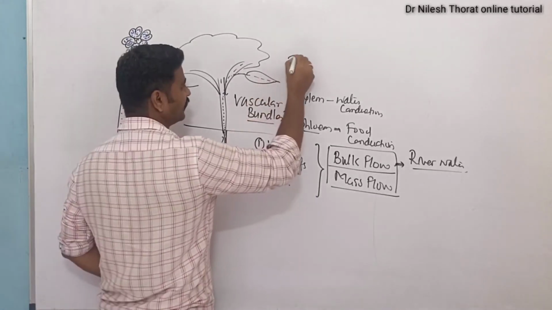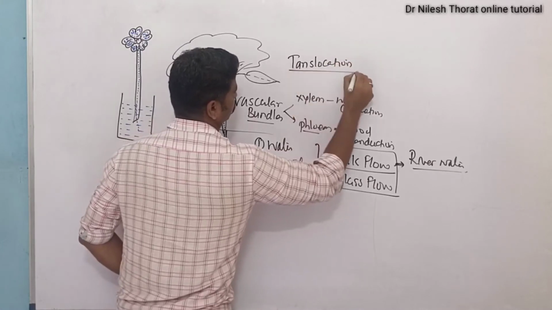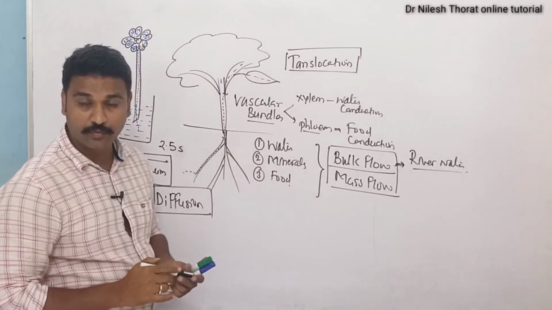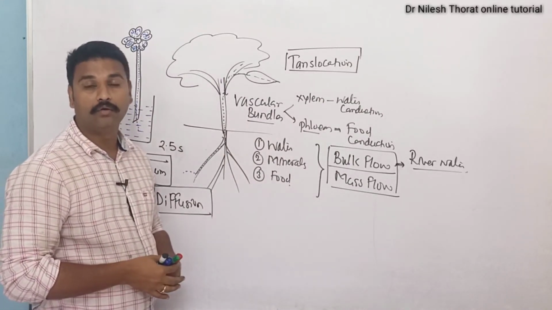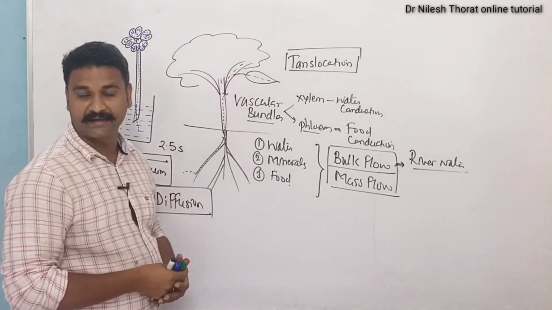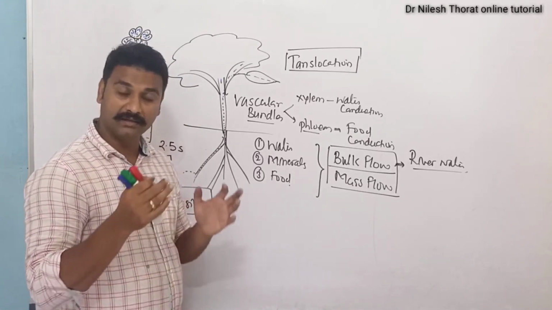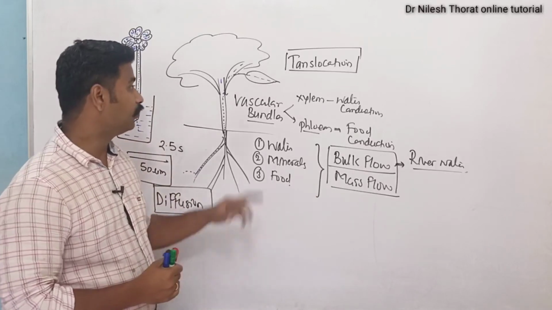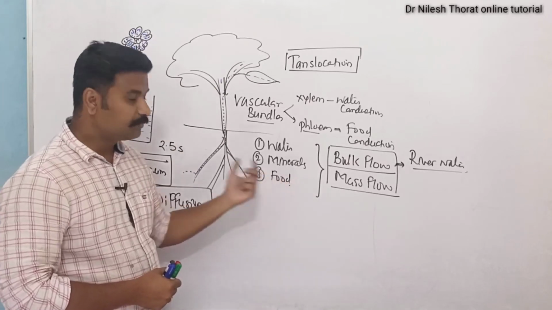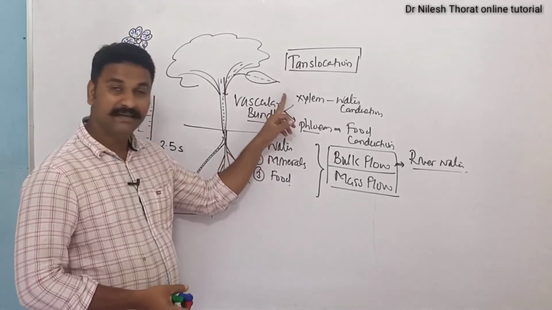Translocation is the transport of water along the vascular bundle from root up to the tip of the plant, and it sweeps everything in solution or suspended form along with the water. This bulk flow is the specialty of plant tissues, that is xylem and phloem.